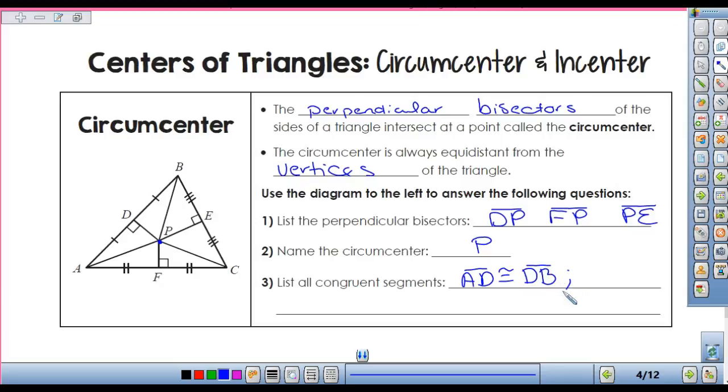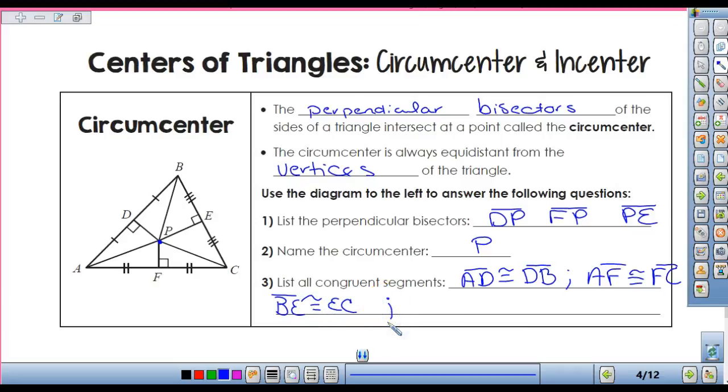If we're going from FP, what do I have? AF is going to be congruent to FC. And if I'm going from PE, what do I have? DE is going to be congruent to EC.